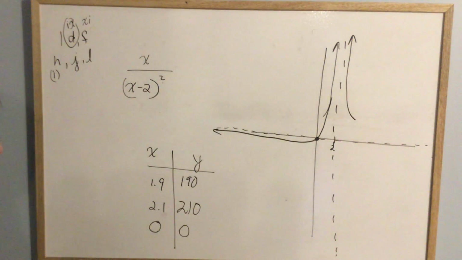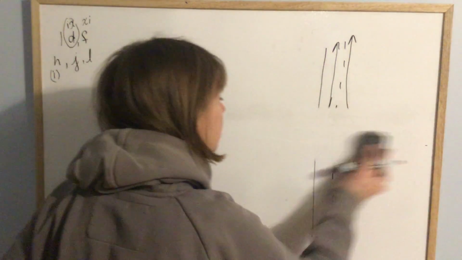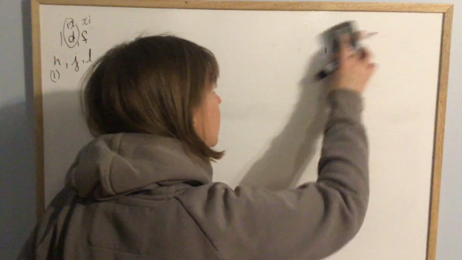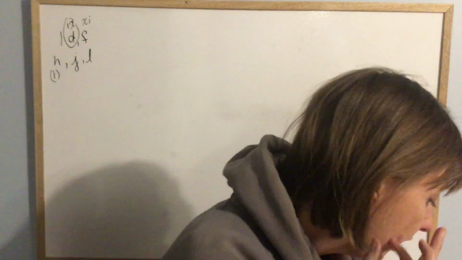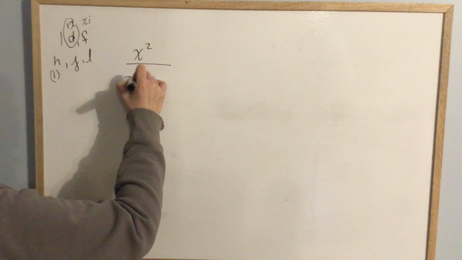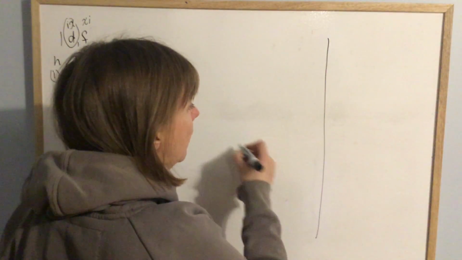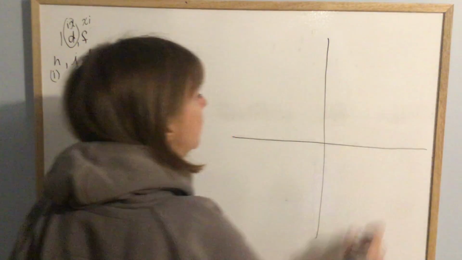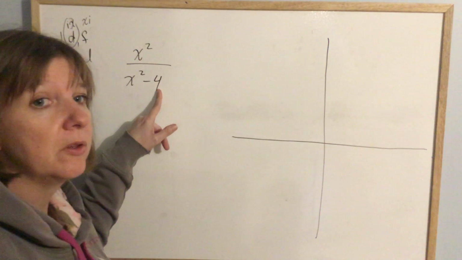J. J says x squared over x squared minus 4. So already I know that there are 2 vertical asymptotes this time, because 2 squared would be 4, take away 4 would be 0.